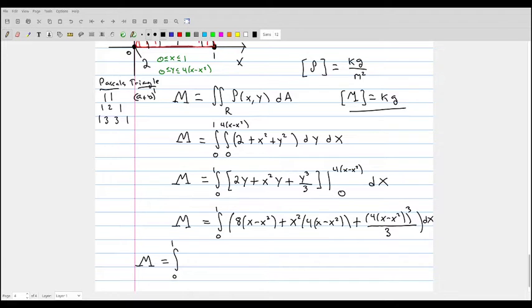So a plus b to the 1, the coefficients of a and b are just 1 and 1. A plus b squared, the coefficients of the different powers of a and b are going to be 1, 2, and 1. So a plus b squared is a squared plus 2ab plus b squared.